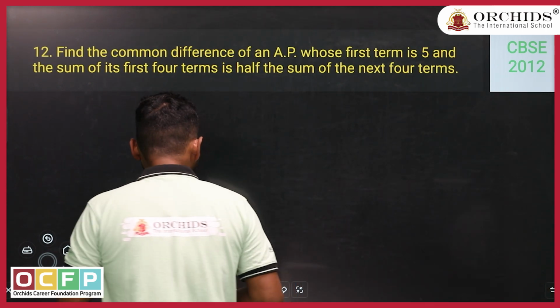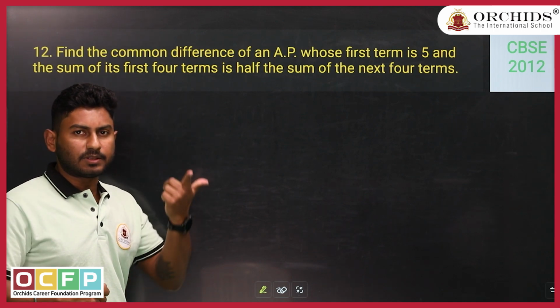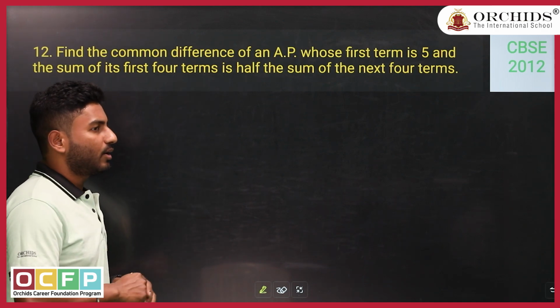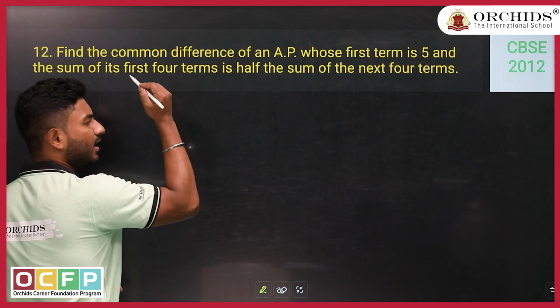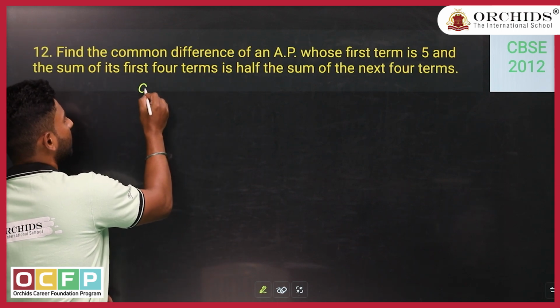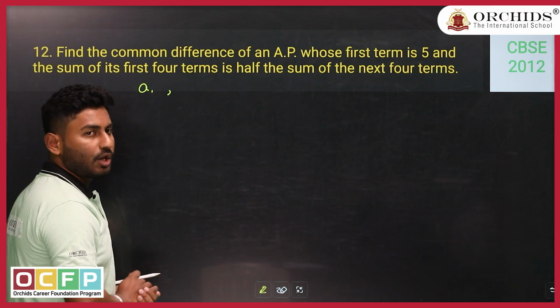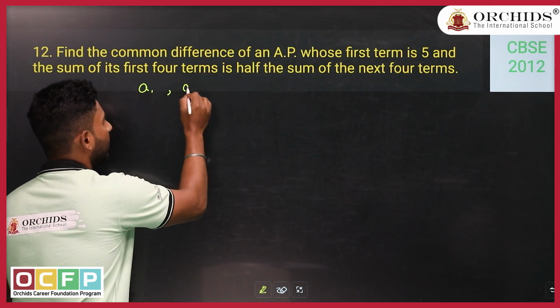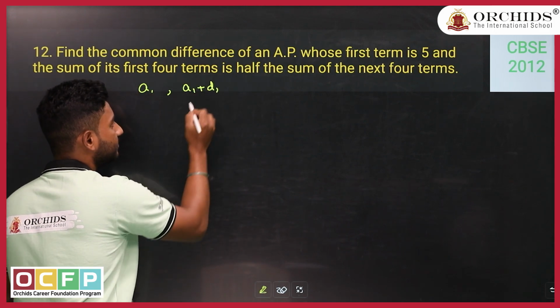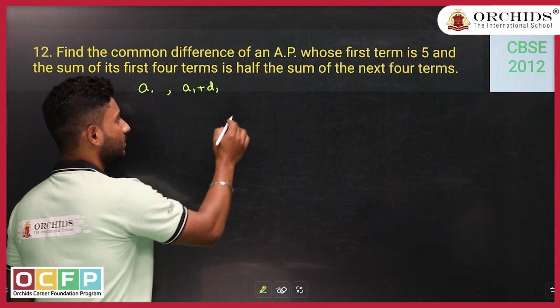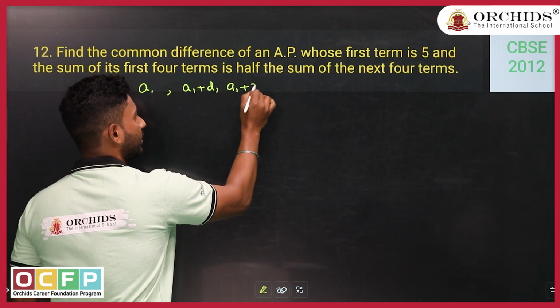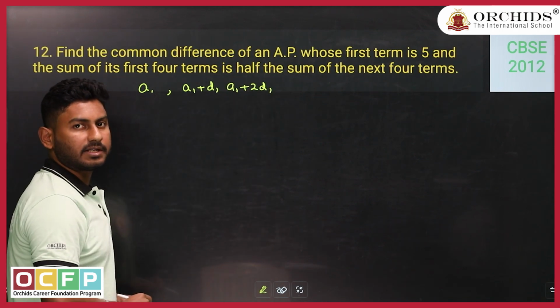So let's see. Now we know, the first slide we have already seen. What is an arithmetic progression basically? Let us assume A1 is the first term. What will be the next term? A1 plus D, correct? Next, A1 plus 2D. This is the third term.